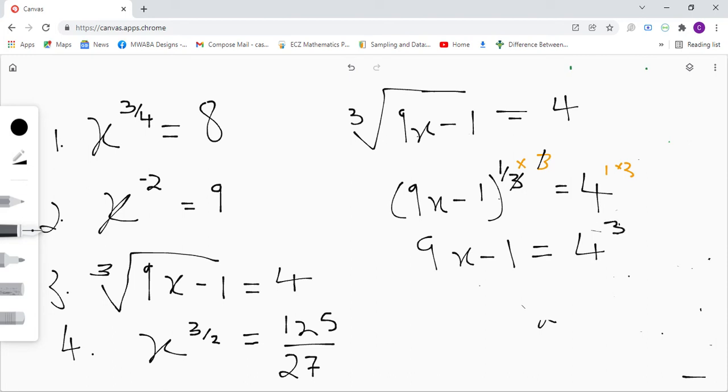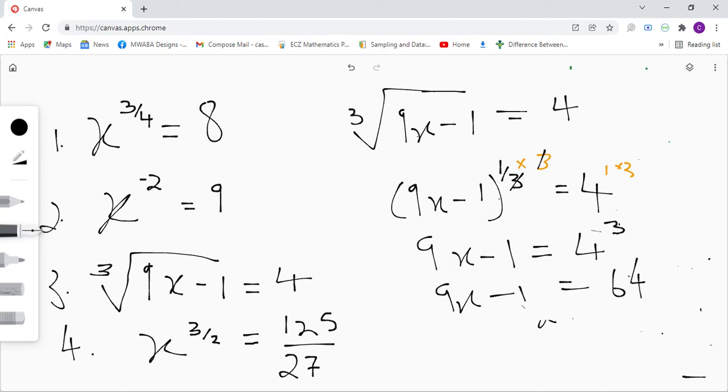Alright, so now we can solve. 9x minus 1 equals 4 to the power 3. Let's see. Okay, that's 64.